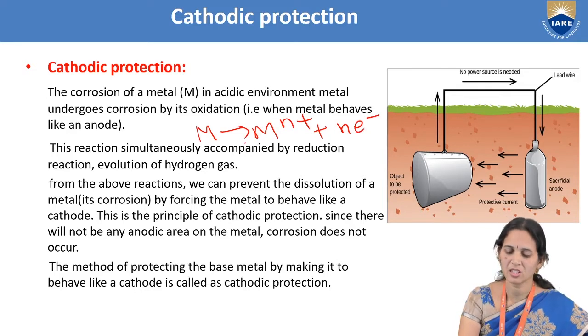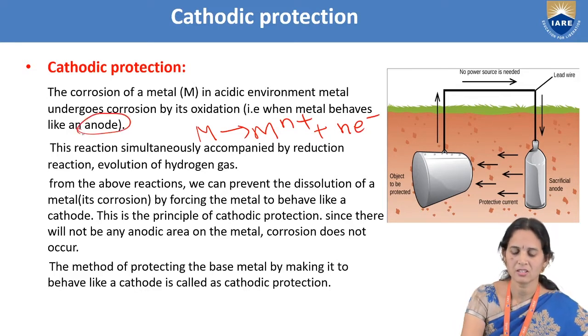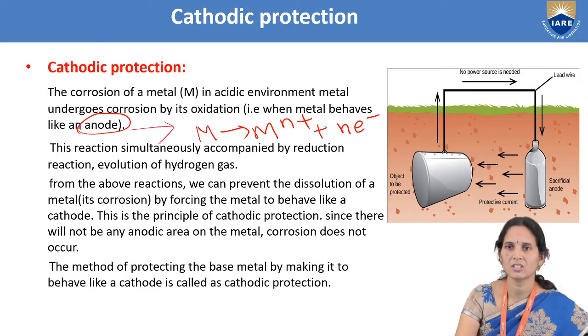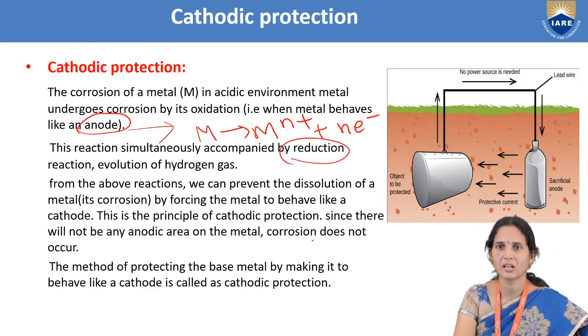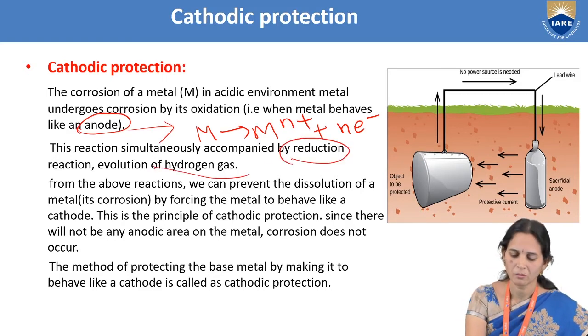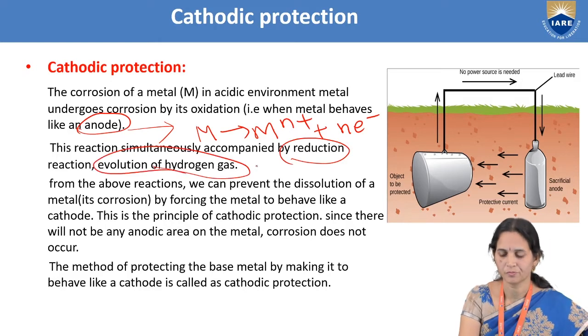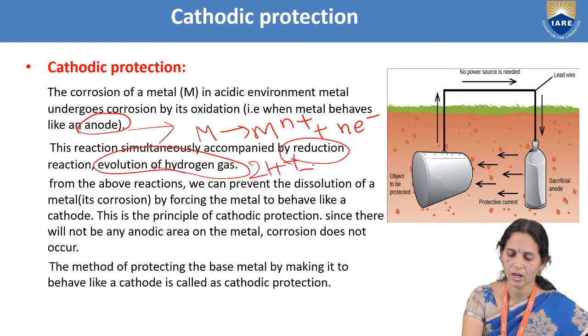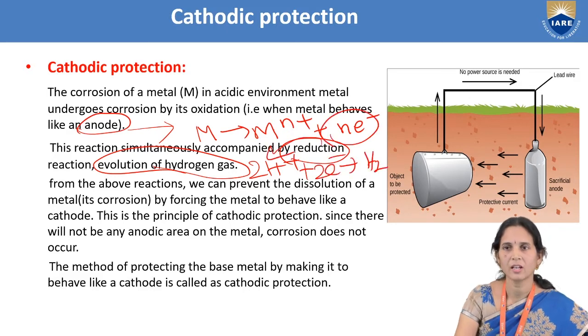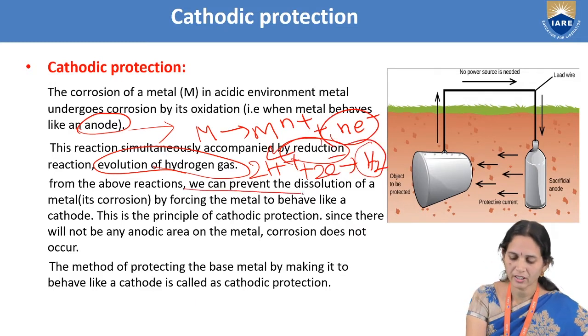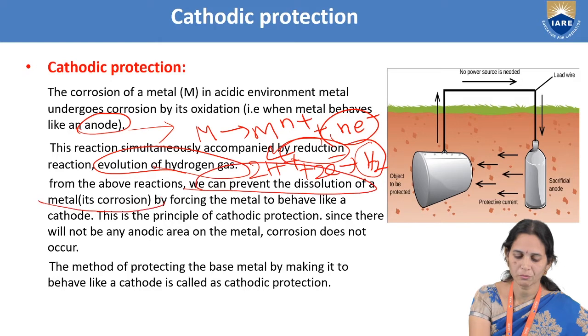When oxidation takes place, reduction immediately takes place too. It is accompanied by a reduction reaction with evolution of hydrogen gas, meaning these electrons are taken by H plus ions and hydrogen evolves.